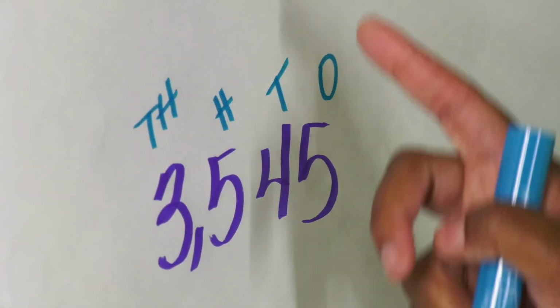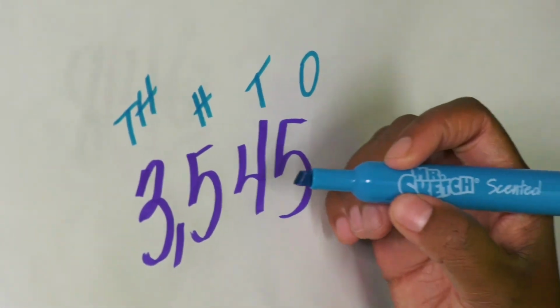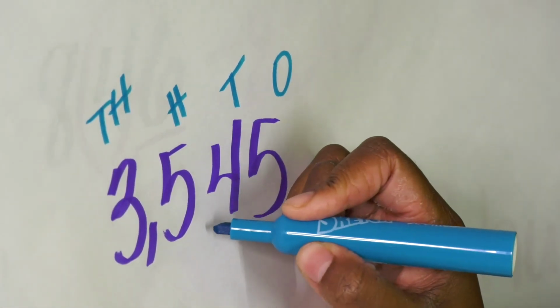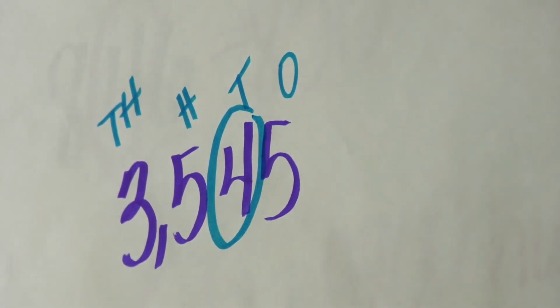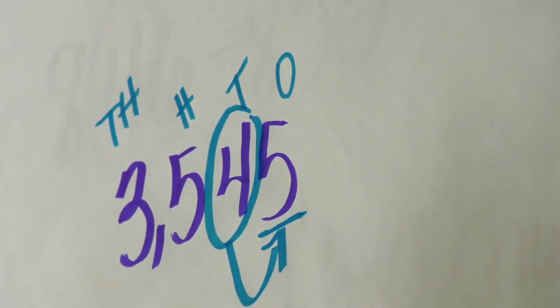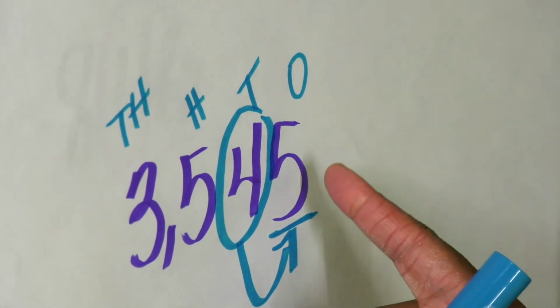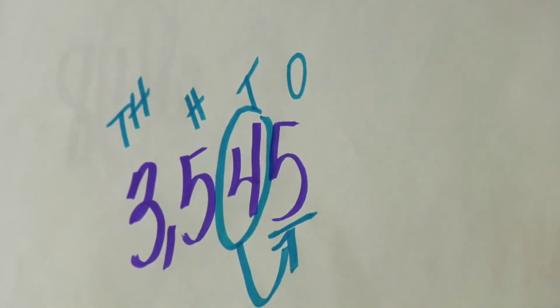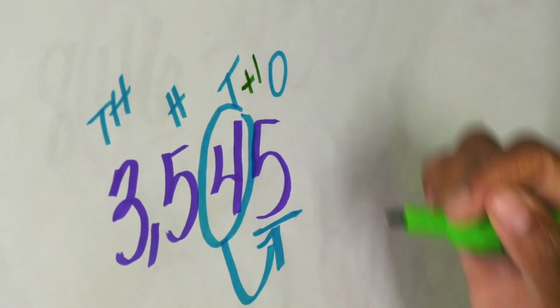So the place value, we want to round to the nearest tens. Let's start there. So we round this number to the nearest tens. 4 is in my tens place. The digit to the right, underline 5, and remember our rounding triangle, 5 is on the right side. So that tells us to add 1 to our circled digit.